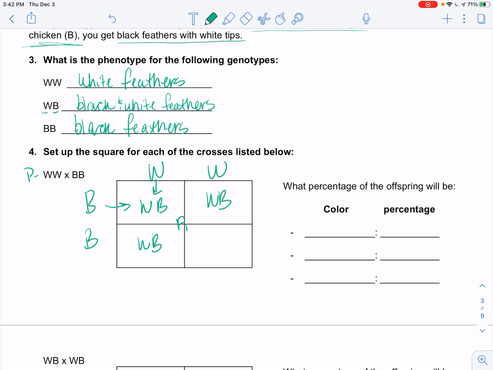WB. So we've got 3 different colors. We've got the white, we have the black, we have the black and white. Oops, squeeze that in there. All right, so based on these parents, 0% chance of having another white chicken, 0% chance of having a black chicken, but 100% chance of having a black and white chicken.